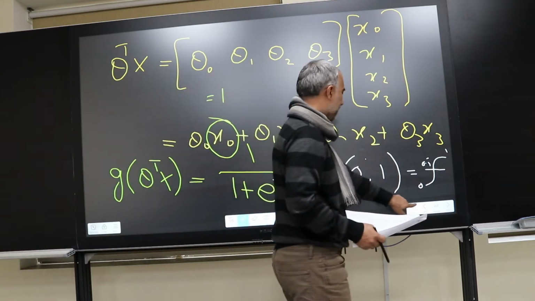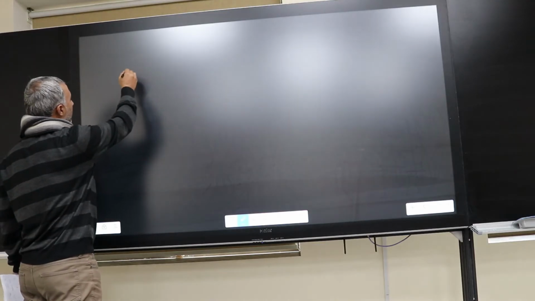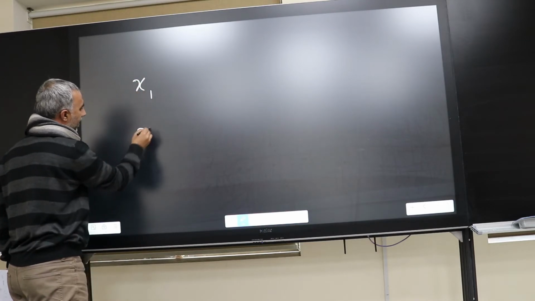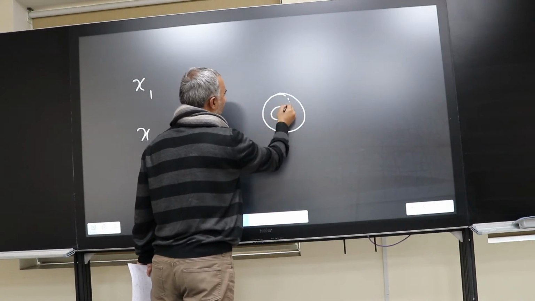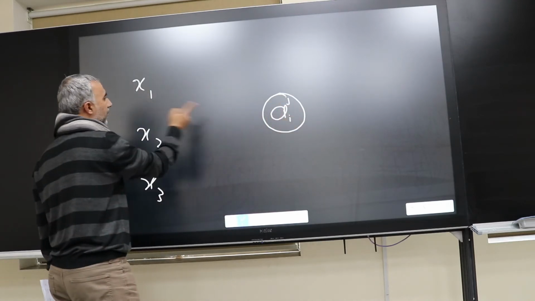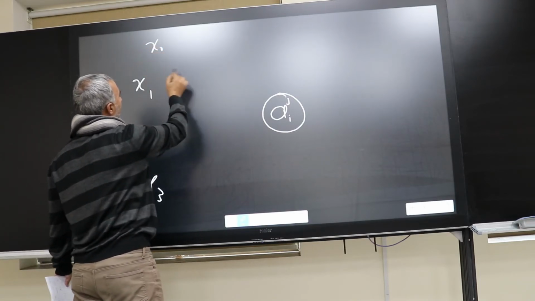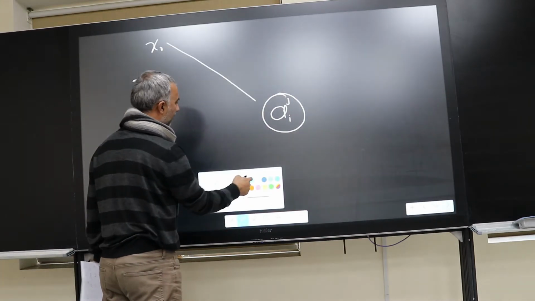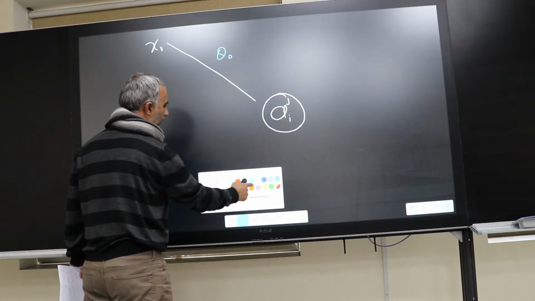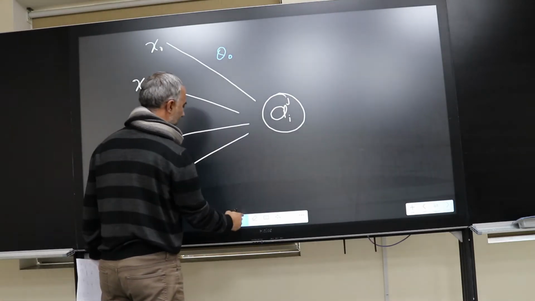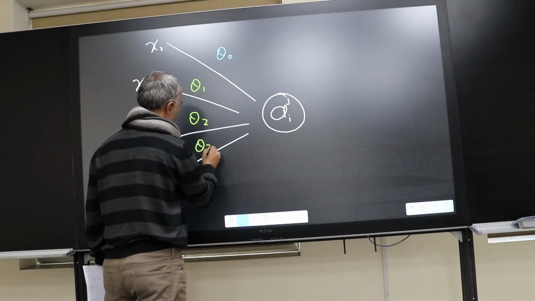Remember that if we are talking about the weight from the first layer, if we are considering the three features x1, x2, x3, and there is an activation cell A, that is the J, and here I. If we are considering the first activation cell, for the initial one is the benchmark feature, and of course the benchmark feature has some kind of weight, theta naught, and then from the other cases we are getting other weights.